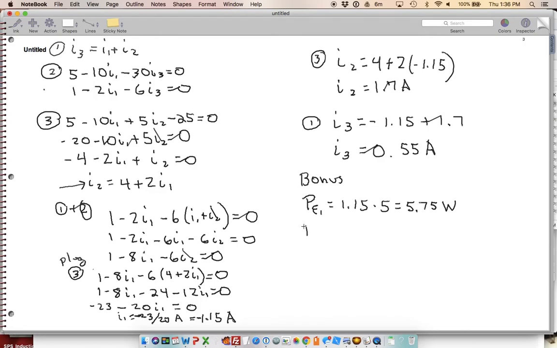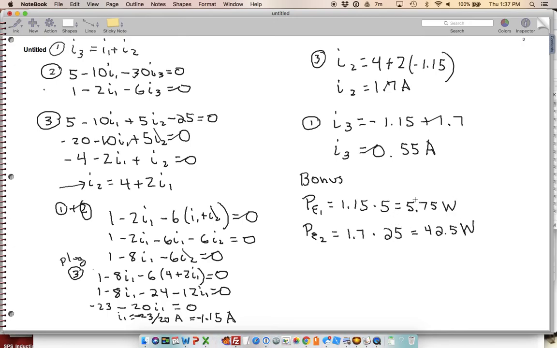And PE2, do the same thing, is going to be 1.7 amps times 25 volts, which is going to be 42.5 watts.